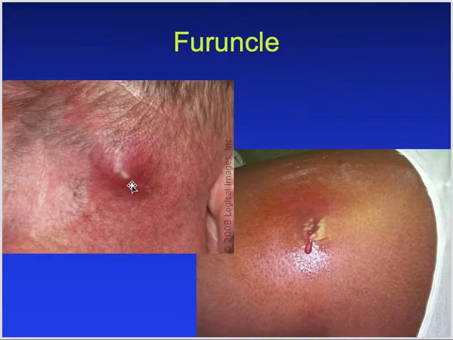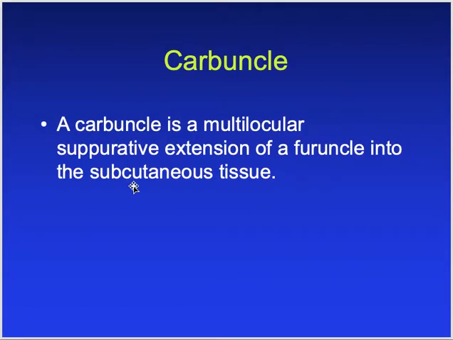How we treat that: there is a small abscess collection in the hair follicle or the sweat gland, so draining that area, plus providing antibiotics, is the treatment of choice for these patients.